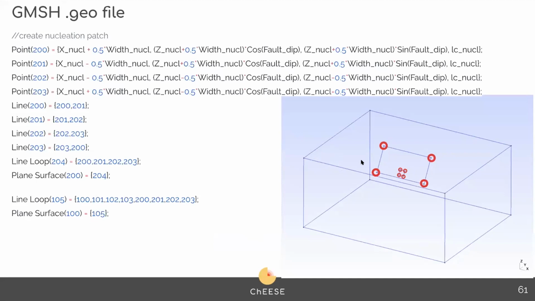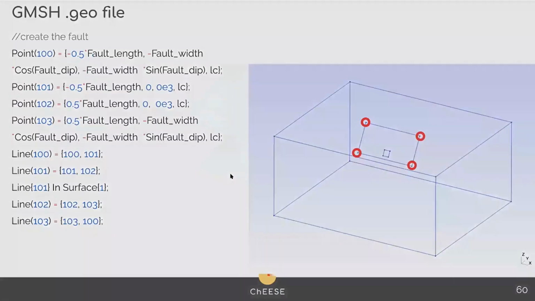Excuse me, one question. When you define your points, you have 4 parameters there. The first 3 are x, y, z coordinates, and then you have, for example, here for this point 200, LC underscore NUCL. Is that some sort of label, or what's the function? It's a good question.